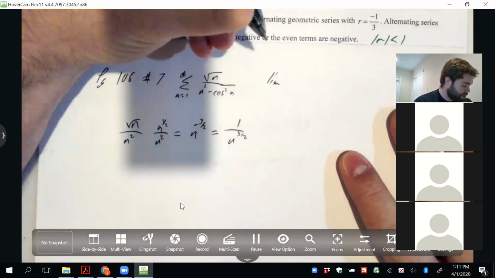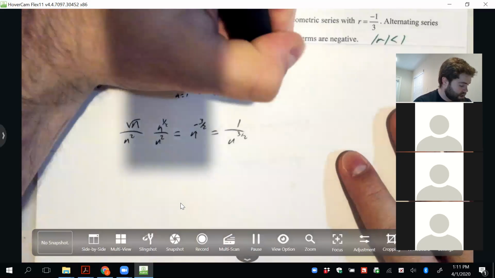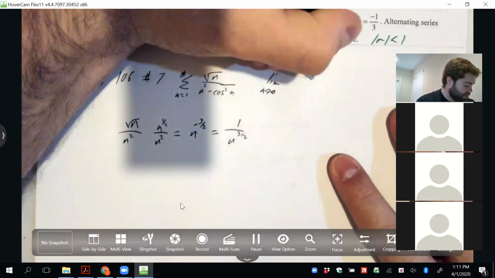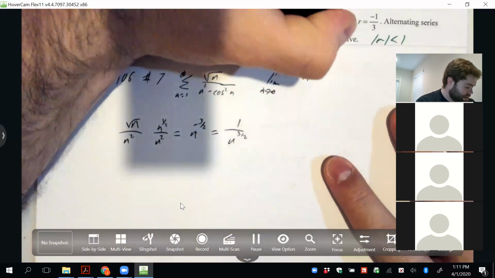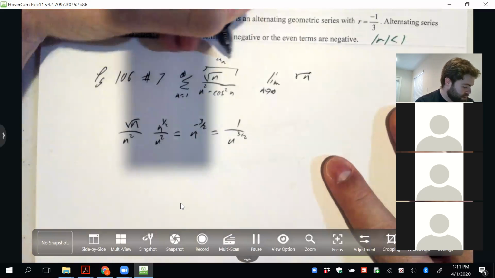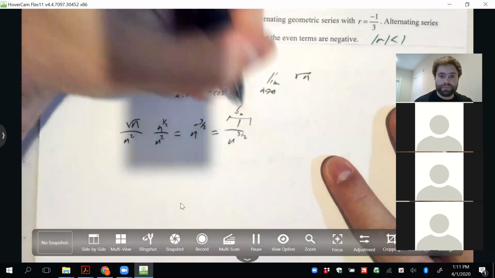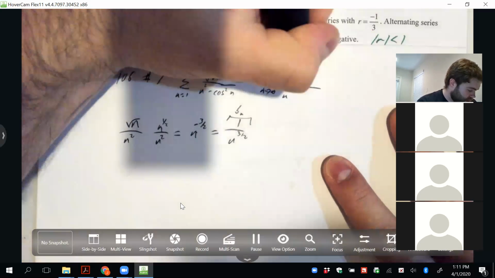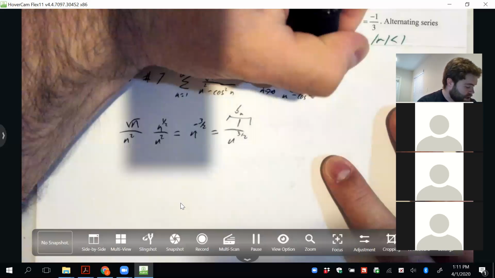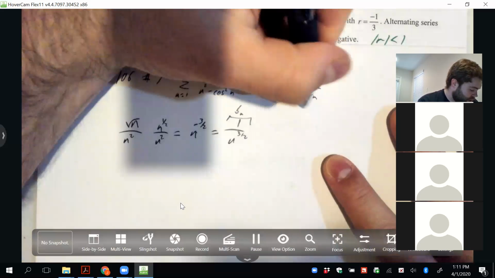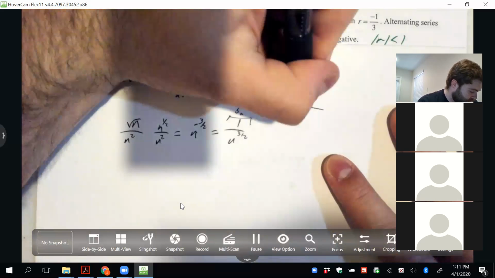And so then if we go through those steps, we're just going to do the limit comparison test, limit as n approaches infinity of, okay, this one would be the first one. I'm going to call that my a sub n. This will be b sub n. So square root of n over n squared minus cosine squared n, all over 1 over n to the 3/2.